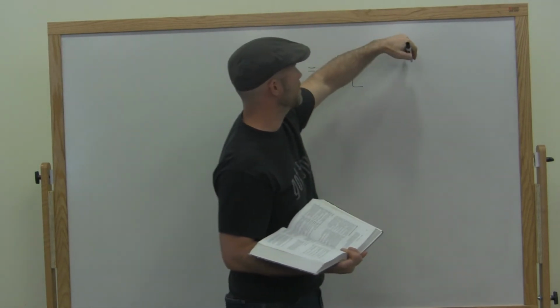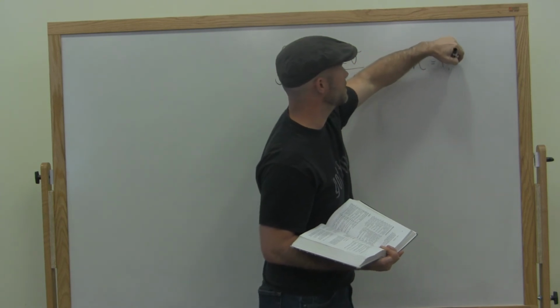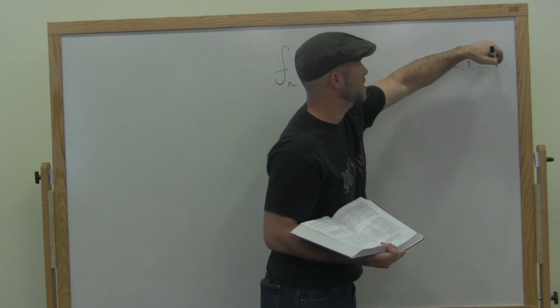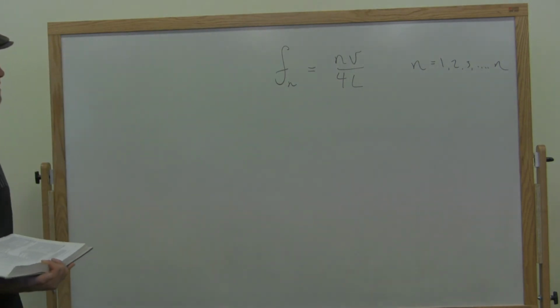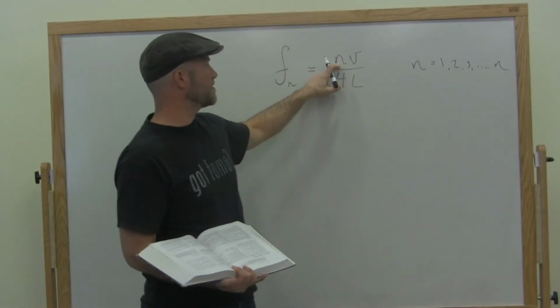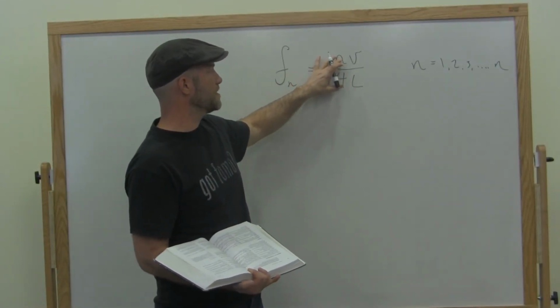And this is where n is equal to 1, 2, 3, on out to as far as you want to go. So this is the main equation. n is an integer value. You just multiply by 1, 2, or 3.